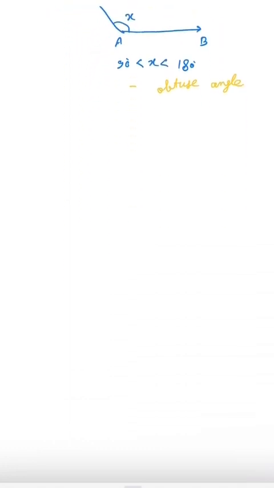Further, if we have a straight line, then the angle formed over a straight line is equal to 180 degree, and this is known as a straight angle.